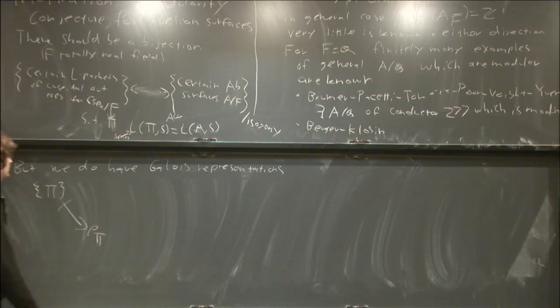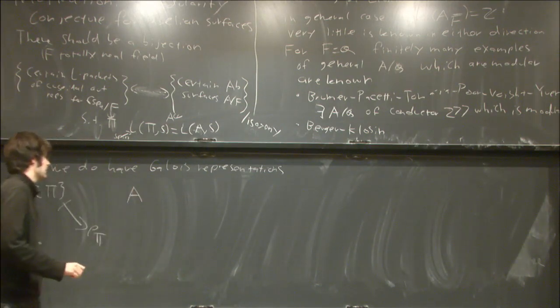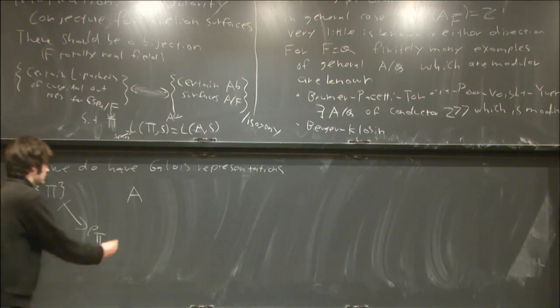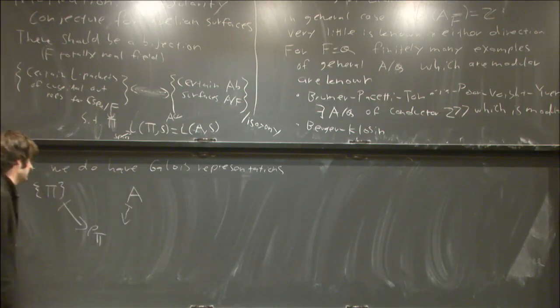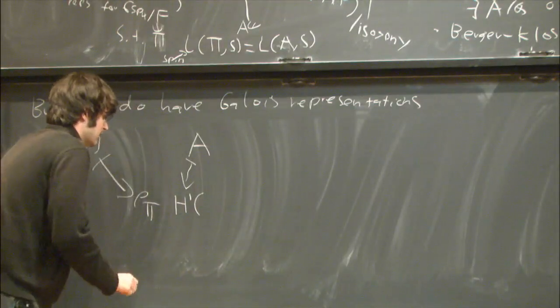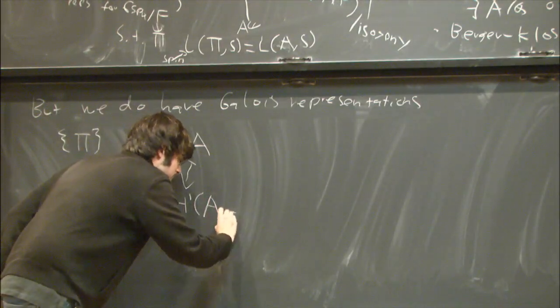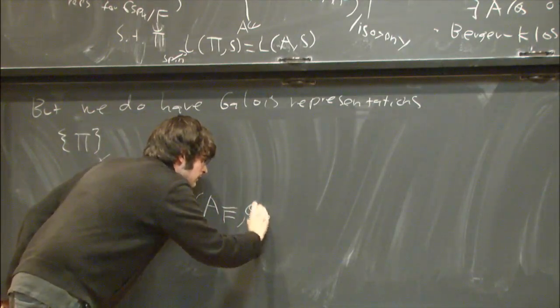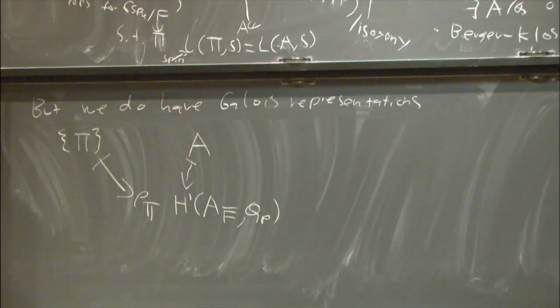And of course, given an abelian surface, we can construct a Galois representation, say the Galois representation coming from the first étale cohomology.